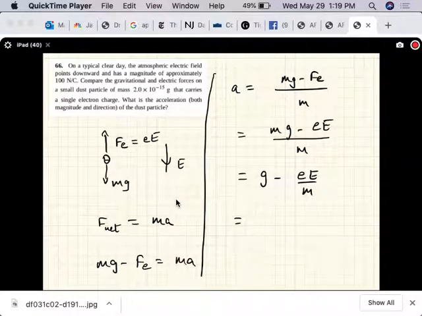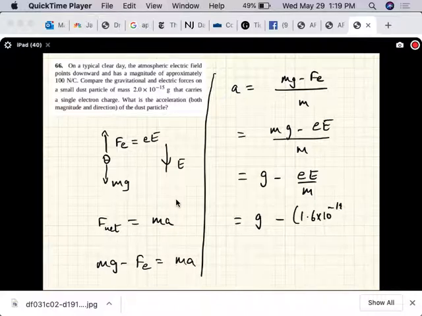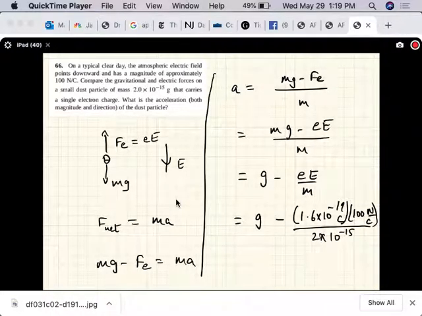Okay. So let's put in the numbers now. Let me first calculate this. eE: the charge of the electron is 1.6 times 10 to the minus 19. And all we need is magnitudes now because I've already put in the direction. Times 100 Newton per Coulomb divided by the mass, which is 2 times 10 to the minus 15, converted to 10 to the minus 18 kg.